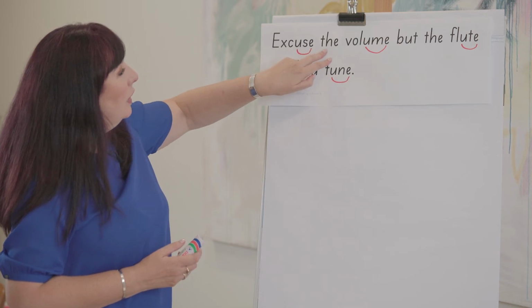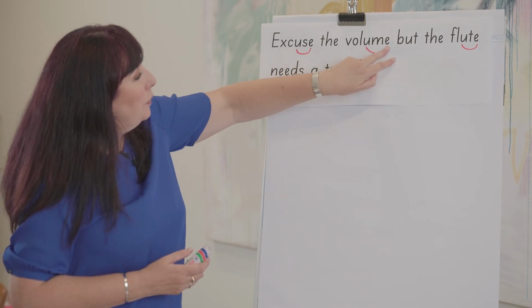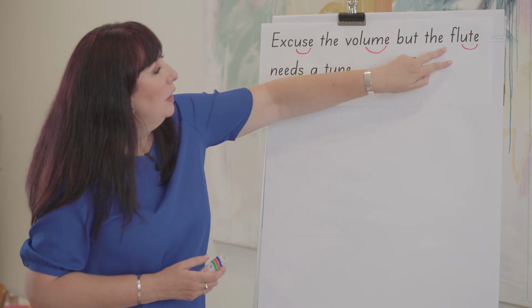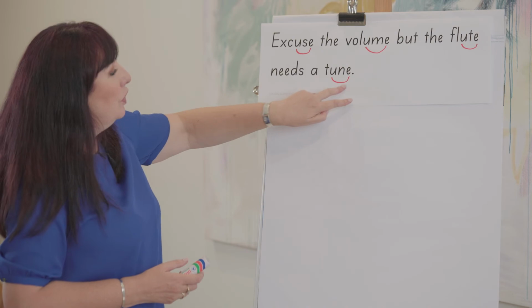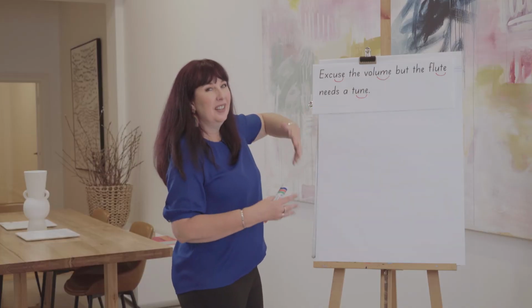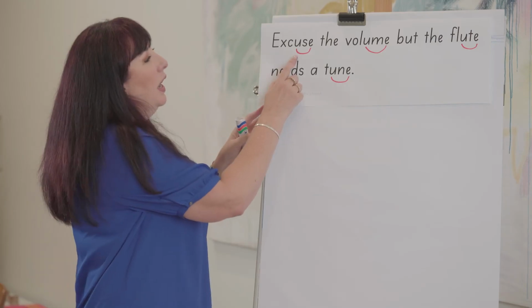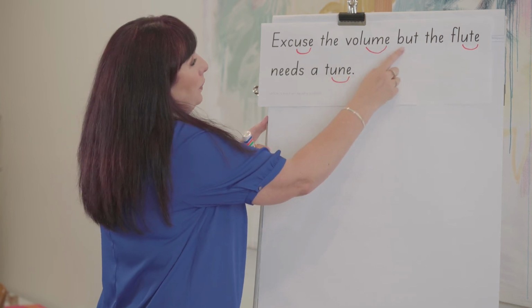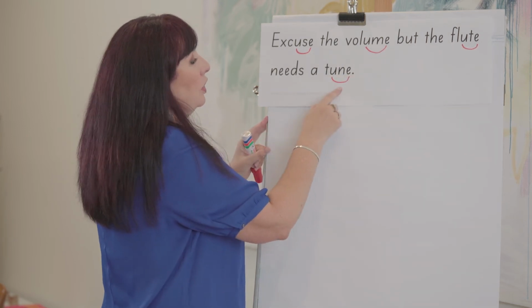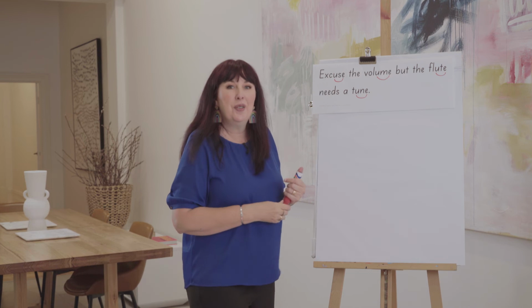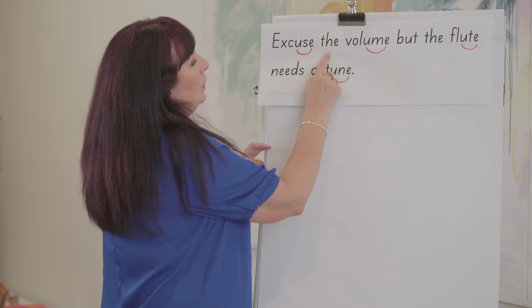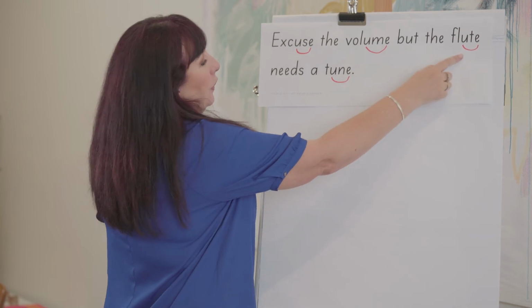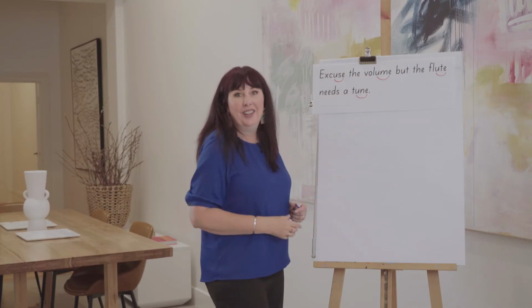Excuse the volume, but the flute needs a tune. Let's read it as if we're telling a story. Excuse the volume, but the flute needs a tune. Can you say it like that with a bit of expression with me? You ready? I'm listening. Excuse the volume, but the flute needs a tune.